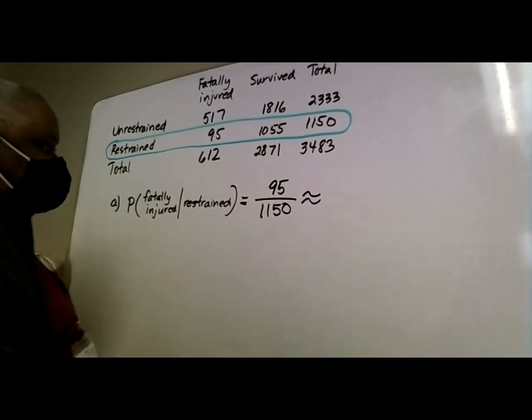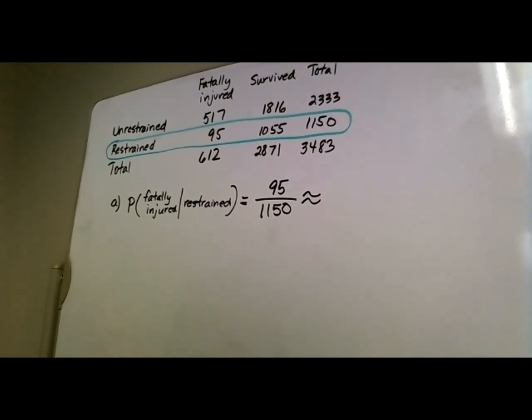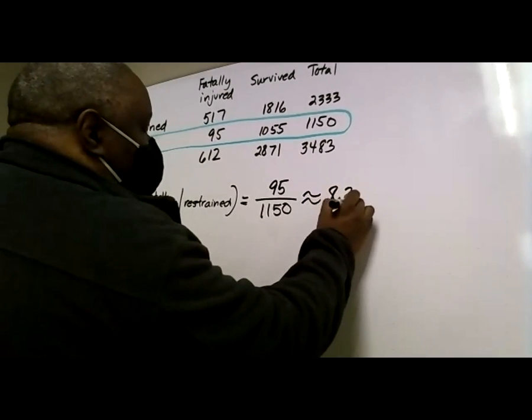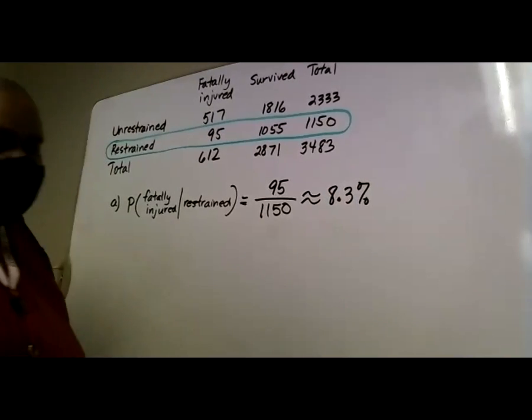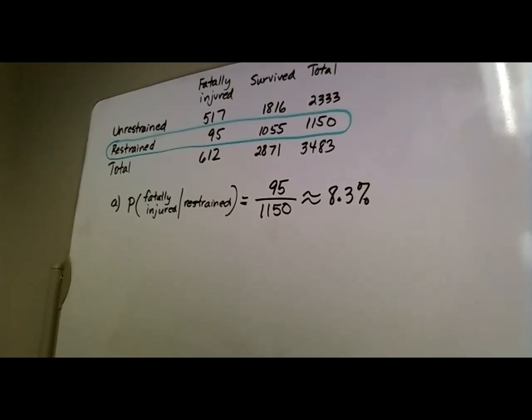Now let's say we want that as a percent. It'd be approximately 8.3%. So there is an 8.3% probability that the occupant was fatally injured, given he or she was restrained. Okay, so that's part A.